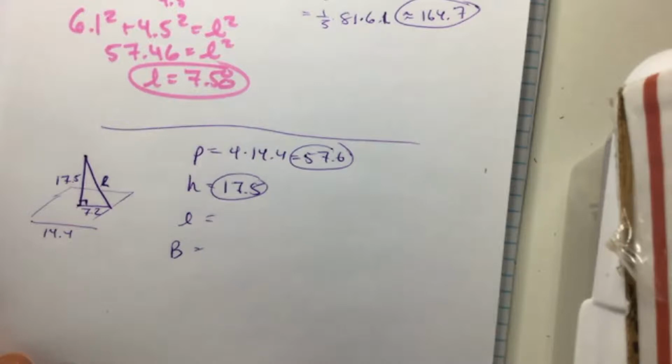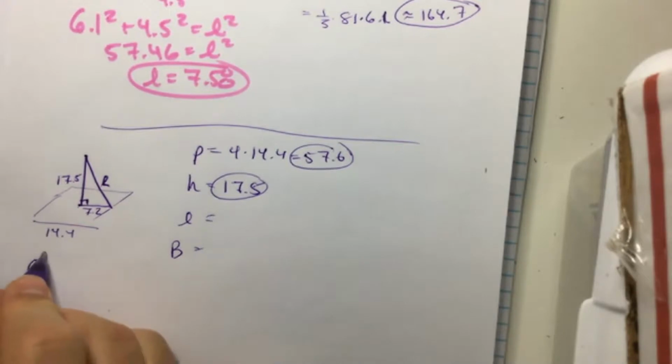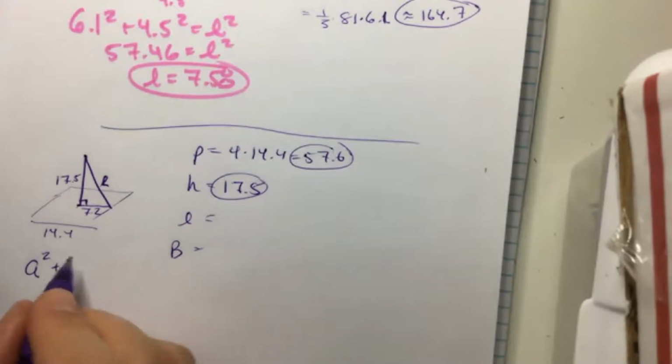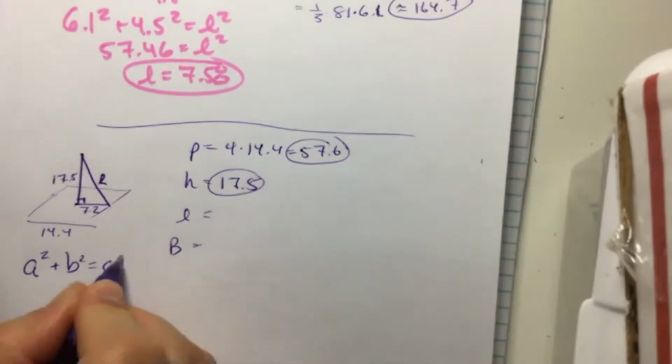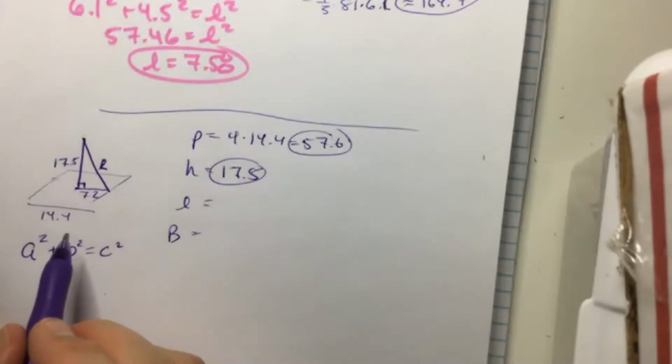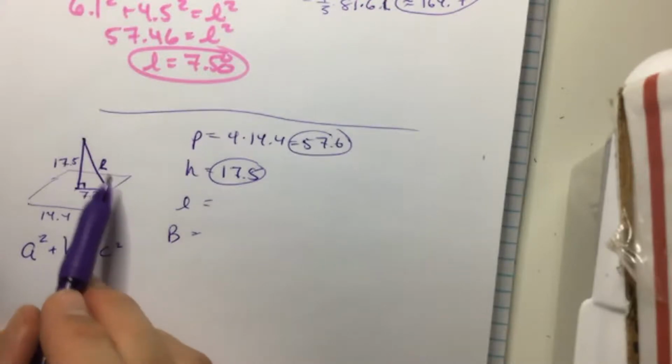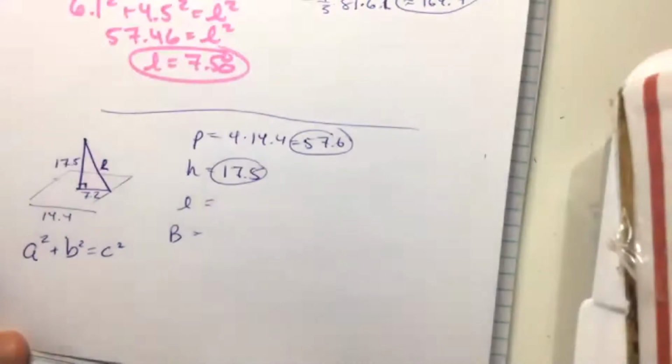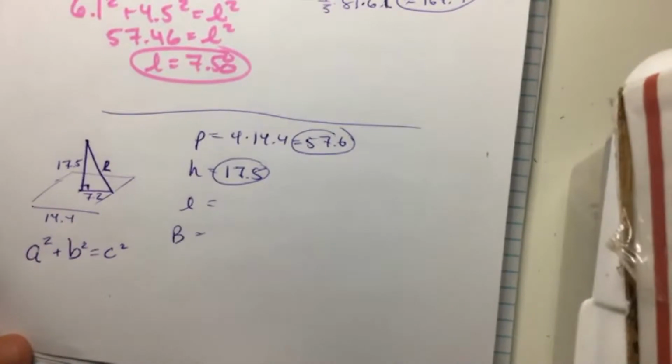So how do I set that up? Let me give you a nudge. A squared plus b squared. Yep. Good. So which one do I have to make my C in this picture? One of these sides has to be C. It has to be the longest one. L. Yeah.